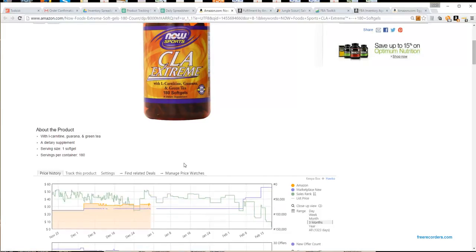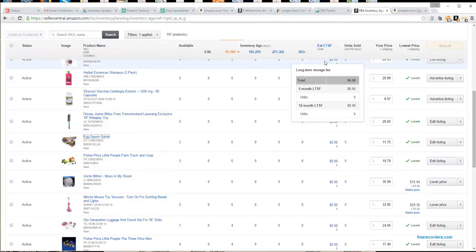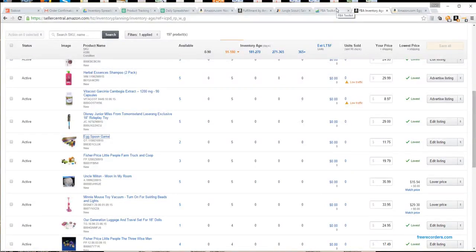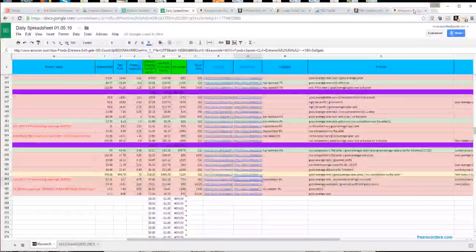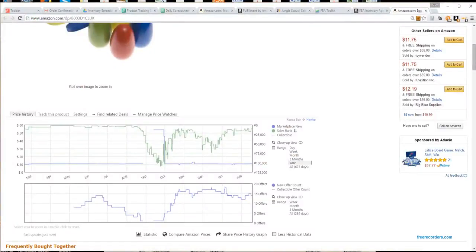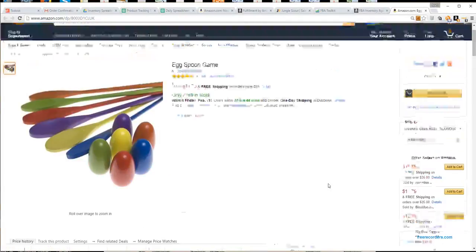I've just grabbed something from 6 months ago, where I purchased something in September and I haven't sold it. I'm just giving you an example of something that was a bad buy. I bought this product on the 21st of September.